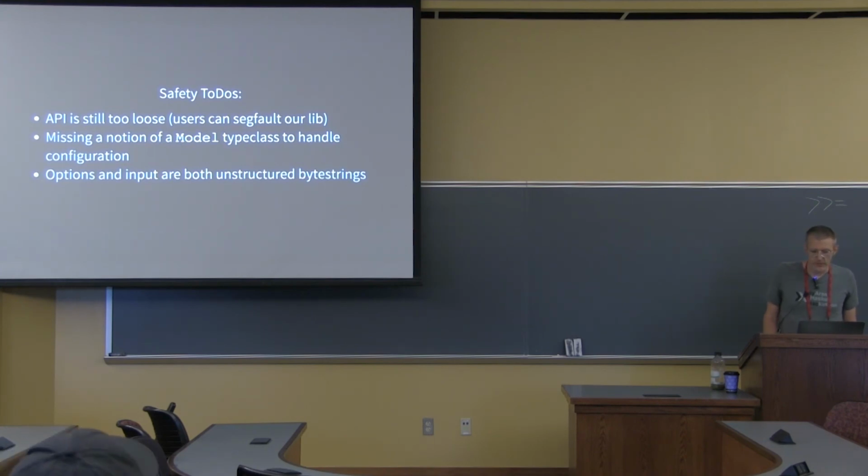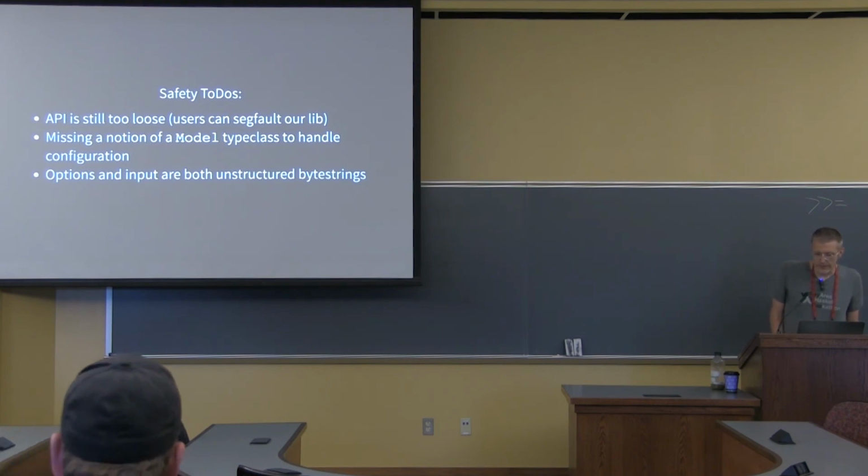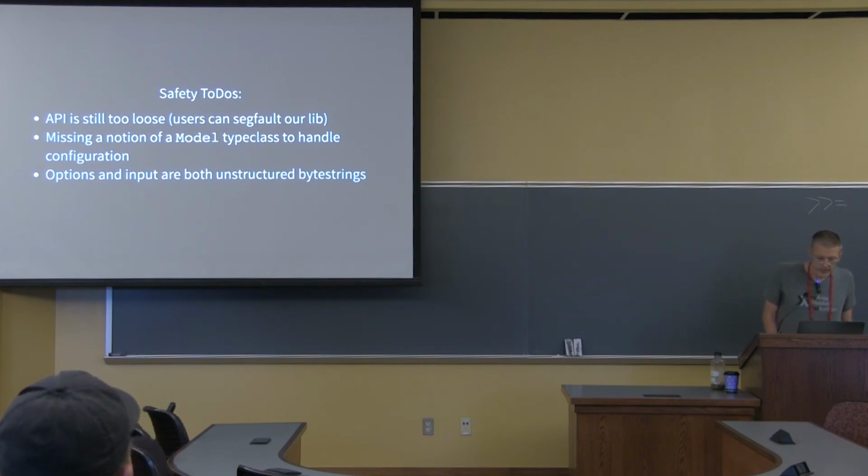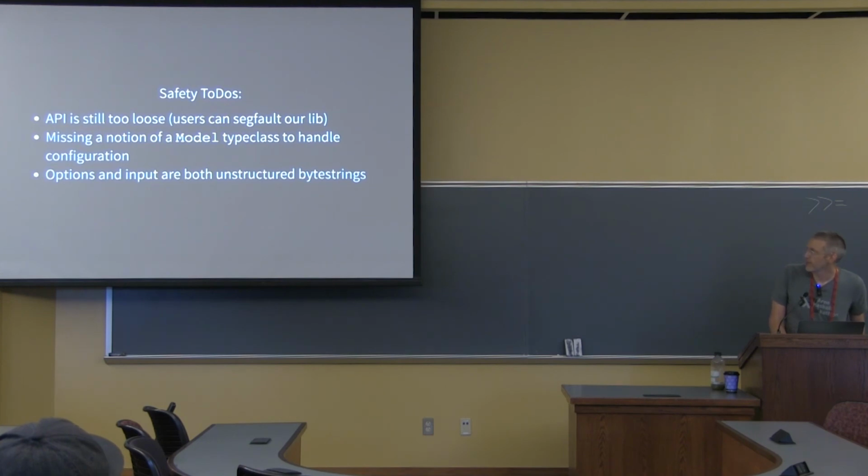So clearly the API is still pretty loose. Users can segfault even with using what appear to be the right functions, at least from a type perspective. There's a notion of a model missing to handle configuration more securely. And then, of course, data inputs and options are still, at least in this talk, both unstructured byte strings, which is not ideal.